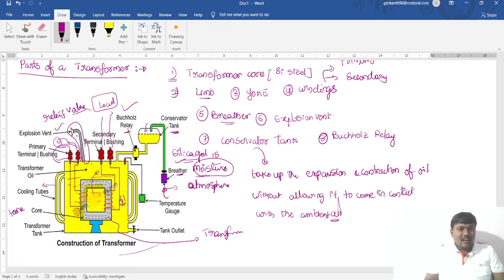It uses a non-metallic diaphragm, which will burst when the pressure inside the transformer becomes excessive. This releases the pressure and protects the transformer. These are called the parts of a transformer.